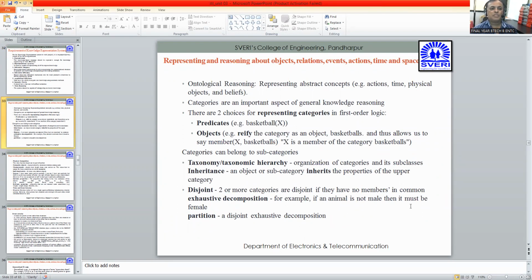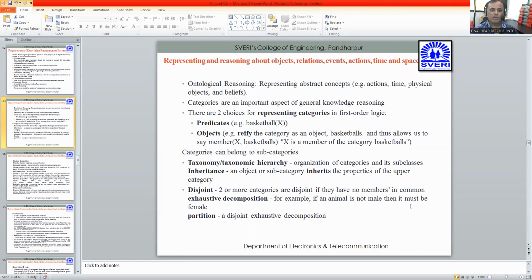We are going to see the representation and reasoning of all these things. We will find the representation of reasoning related to the objects, the relations between these objects, events happening between these objects, actions that are taken, and the time and the space. All these parameters come together to represent the reasoning concept. We are going to see one by one how these things are correlated with each other.